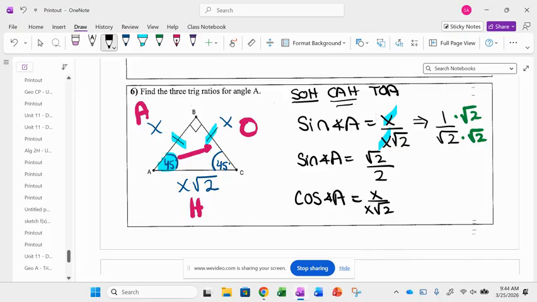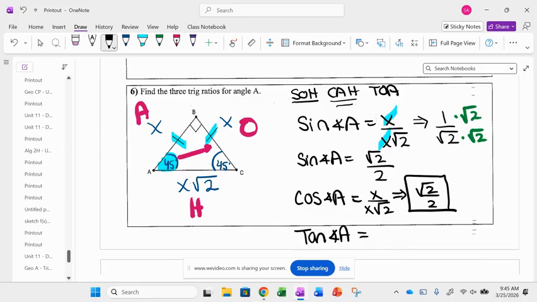And didn't I find that answer for that? So can I just use that same answer instead of doing it all over again? So this is going to be root 2 over 2 also. And that makes sense because two of the sides are the same, right? In a 45, 45, 90 triangle. So it would make sense that sine and cosine are the same because the two sides are the same, opposite and adjacent. And then lastly, we have the tangent of angle A.